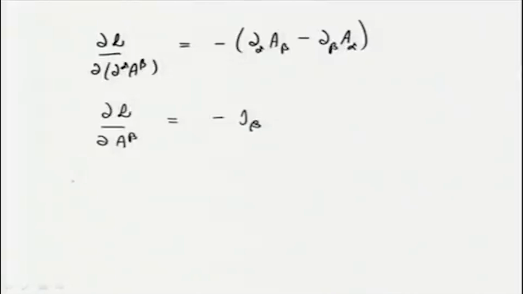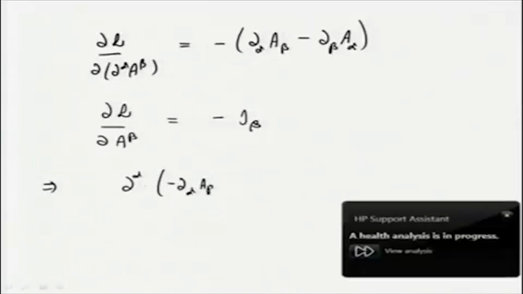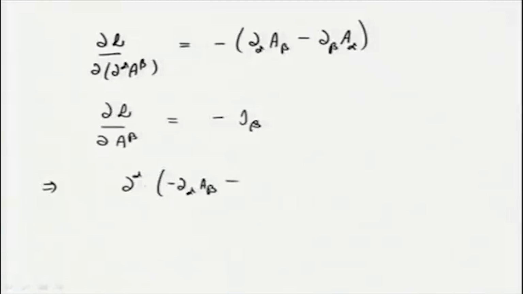So, together that will give you the derivative of the first line with respect to α in the numerator of minus ∂^α A^β plus ∂^β A^α plus j^β is equal to 0.